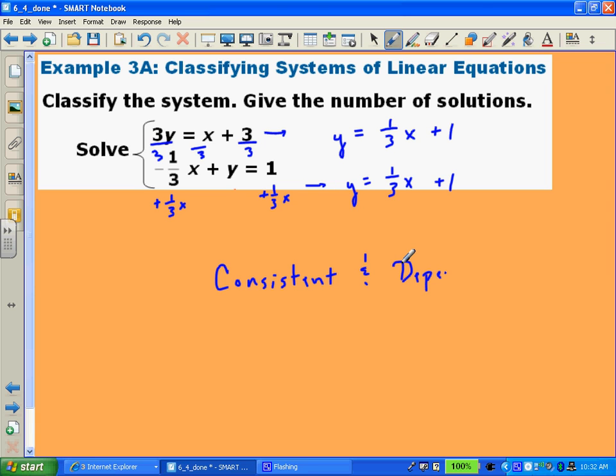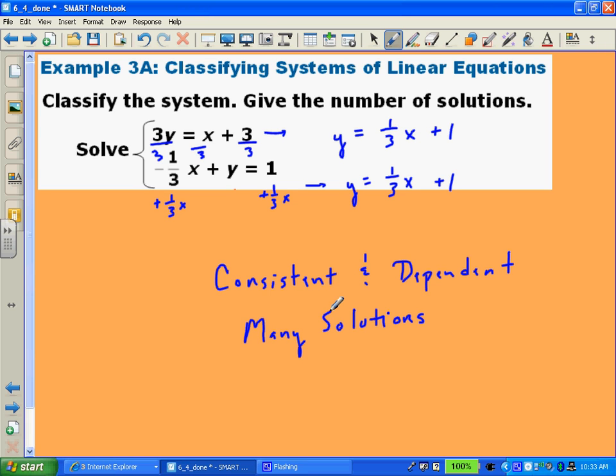And then also notice in the directions it says tell the number of solutions. So consistent and dependent, and those types of systems have many solutions.